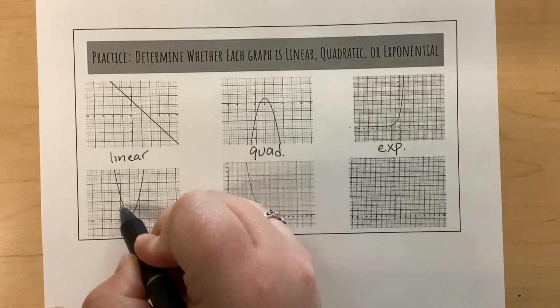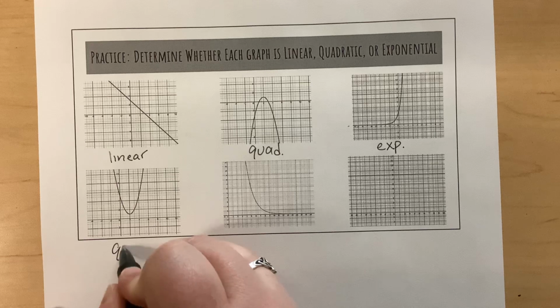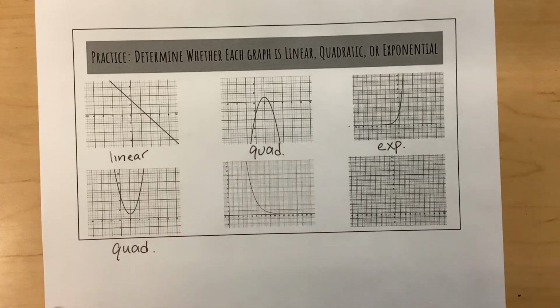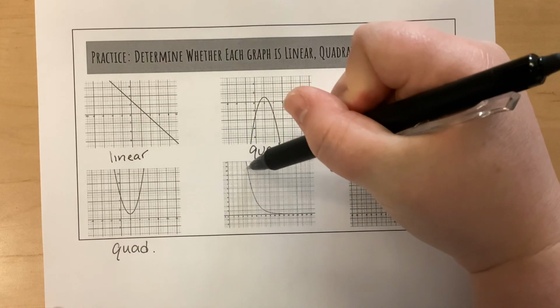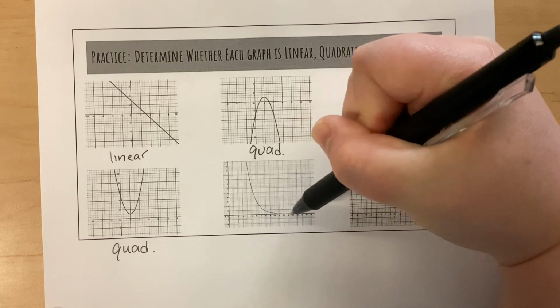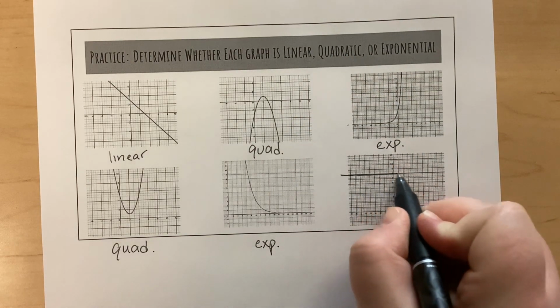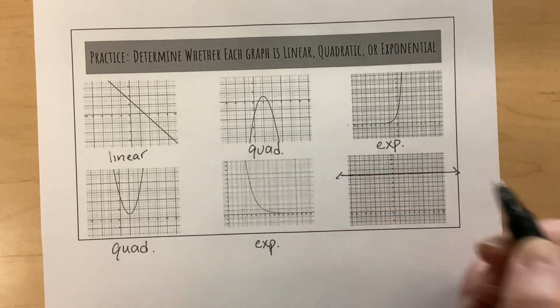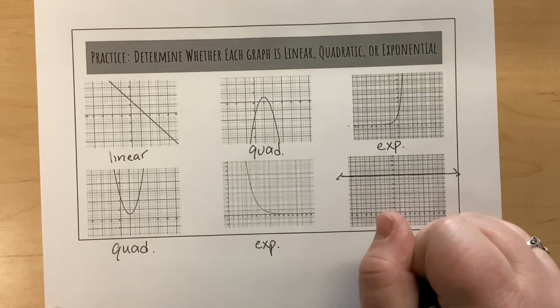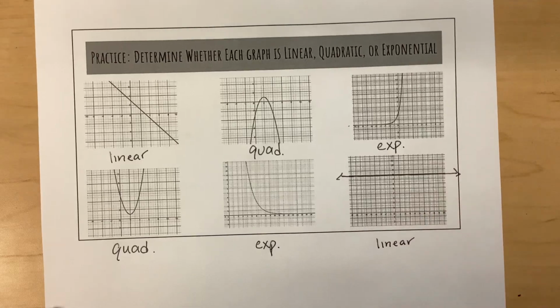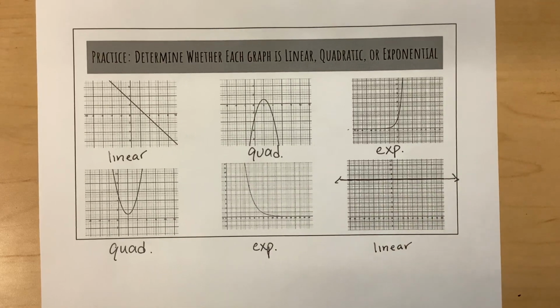Once again, we have a U shape here, so that is another quadratic. This one starts off up top, decreases rapidly, and then flattens out, making this one exponential. And I know this one is definitely hard to see, but here is the line right there. And again, since I said it's a line, this is linear. And that's how you tell the difference between their graphs.